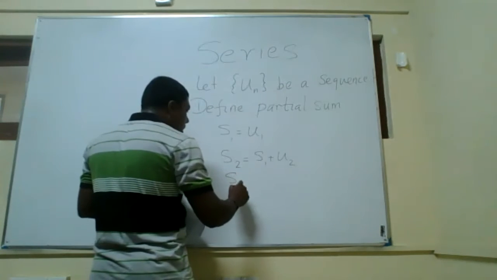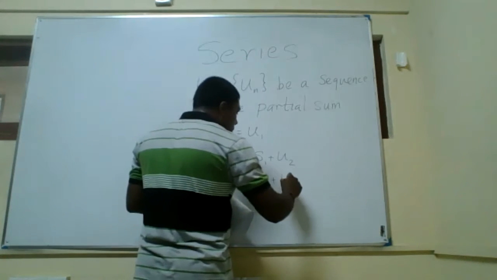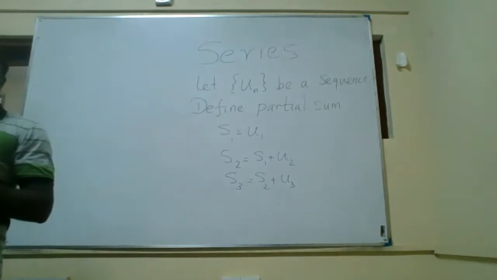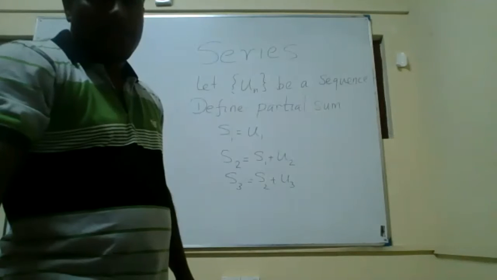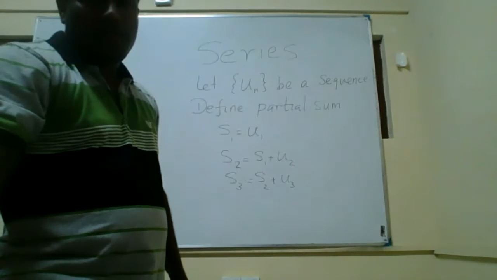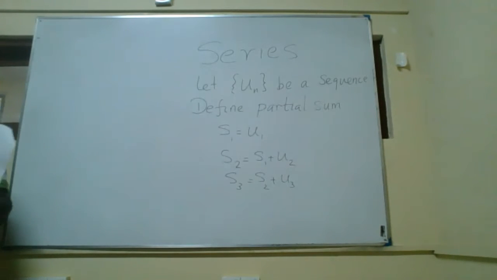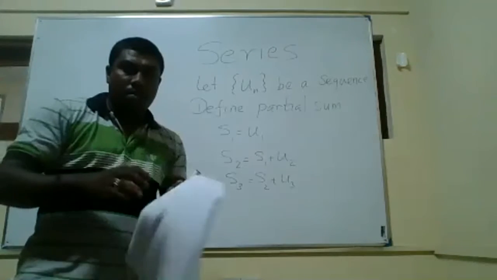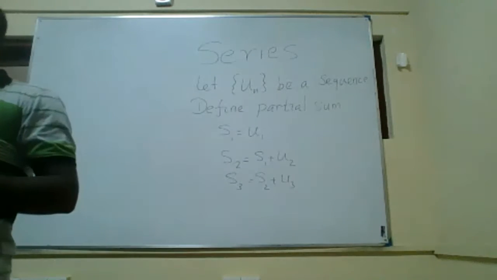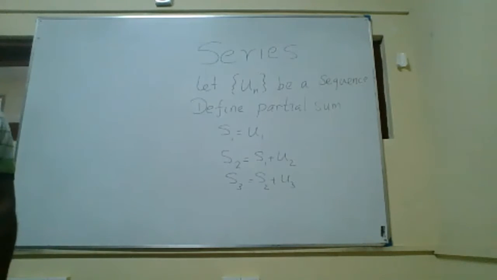And then S3 is S2 plus U3. In this fashion we develop something called the partial sum. Once we develop this partial sum, it turns out to be a series.